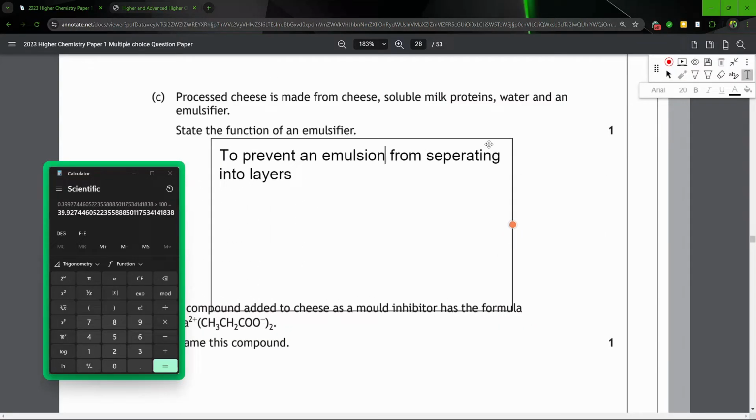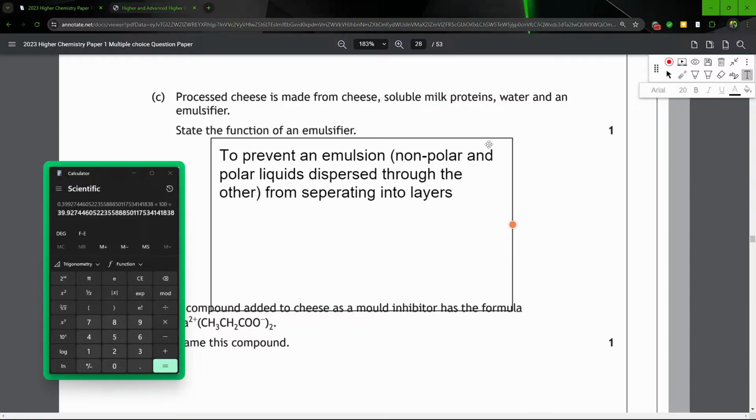But what we can do to really improve our answer is say, just put in brackets, non-polar and polar liquids, dispersed through each other, from separating into layers, just so it really matches with what the marking scheme says.